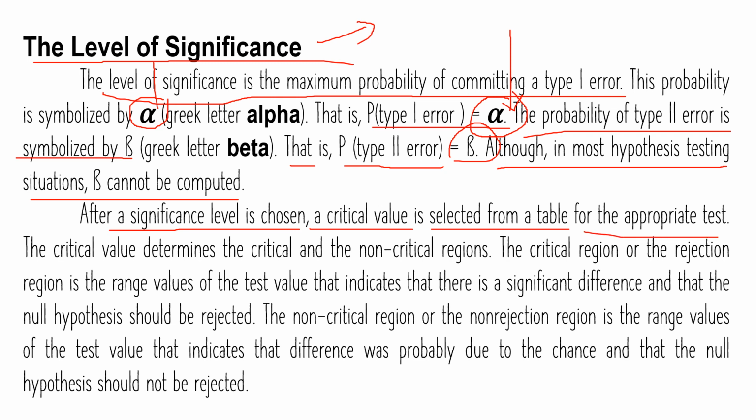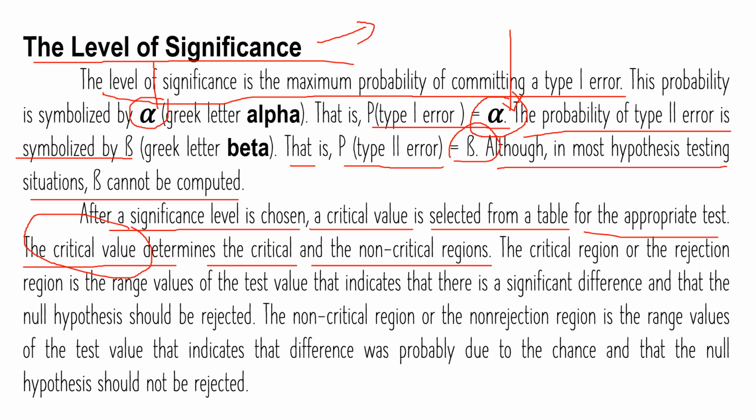So for the appropriate test, the critical value determines the critical and the non-critical regions. Why? Because this critical value, or values, will serve as a boundary, or border, in between your non-critical region and your critical region. It will separate your non-critical region from your critical region.